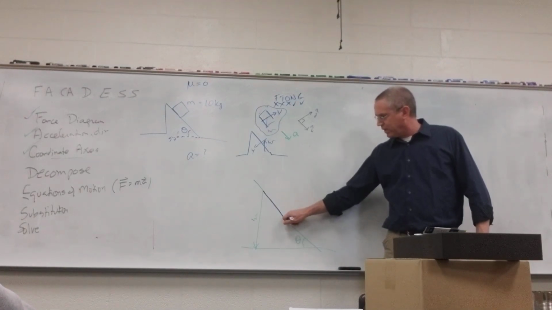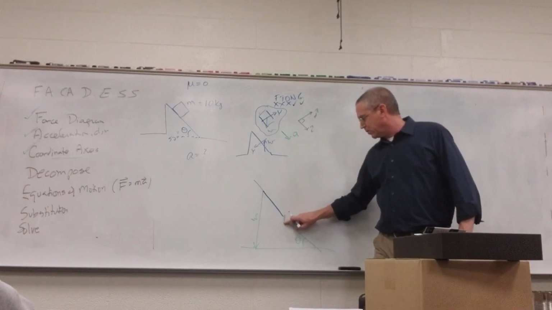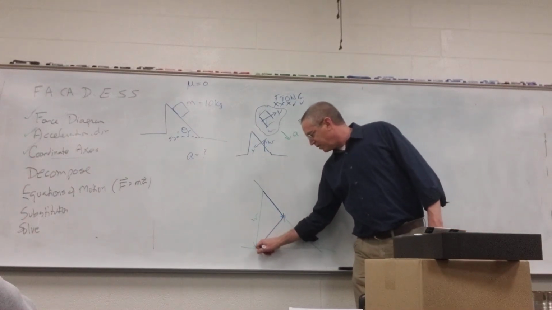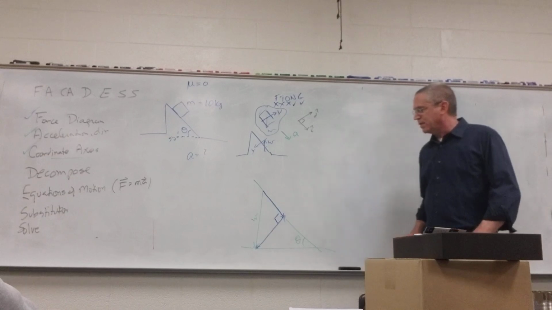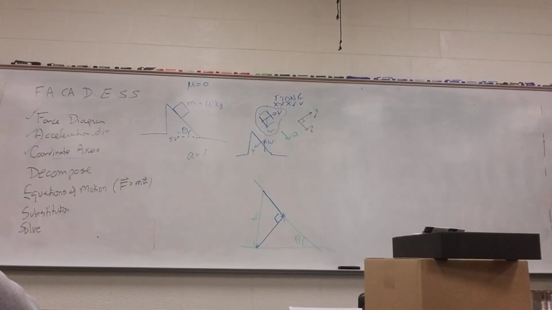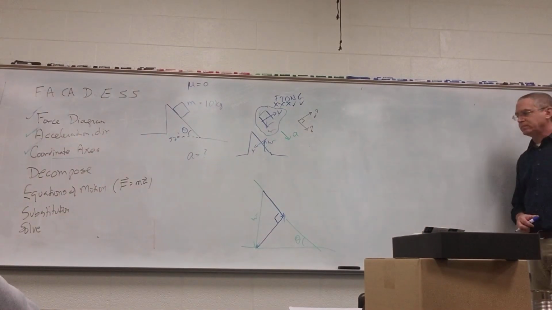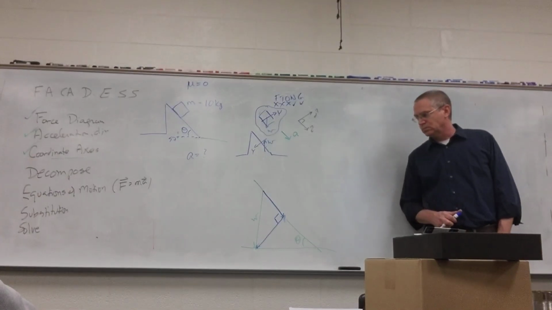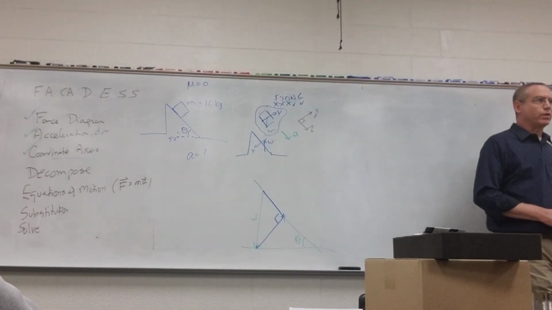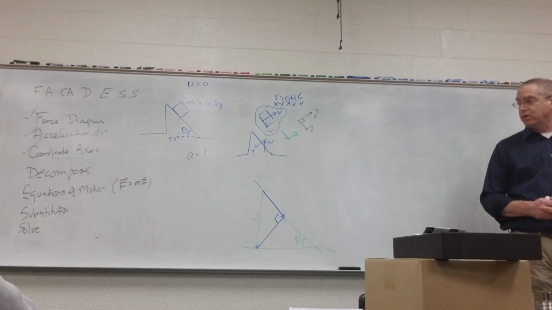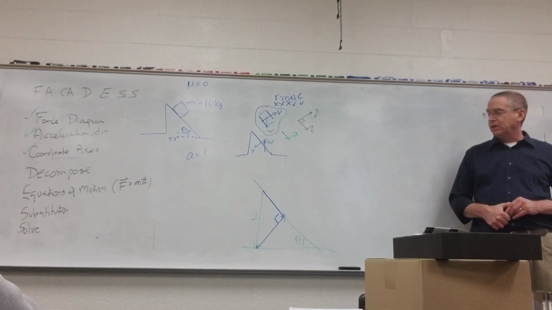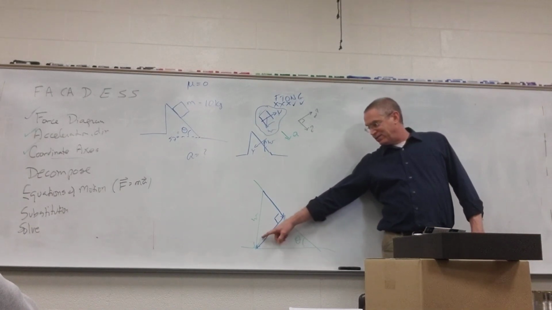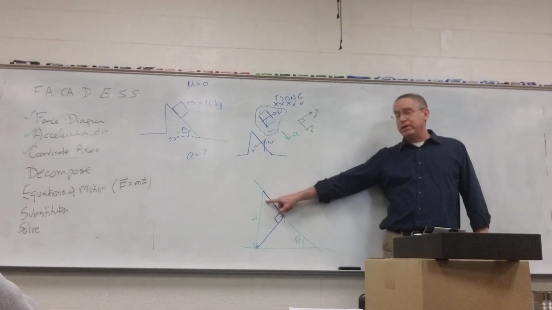So I've got part of it going this way, and part of it that way. That's the triangle I'm breaking up. Blue lines are the components. Those are perpendicular components. And I know this angle down here, or this angle up here, is equal to theta.